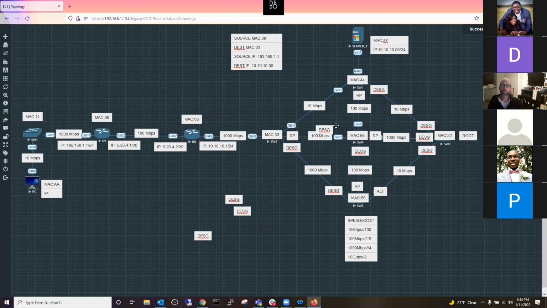What that means is we're going to be forwarding on this link. Guess what we're going to do, Patrick? Guess what we have to do in regards to forwarding? Port states and port roles.